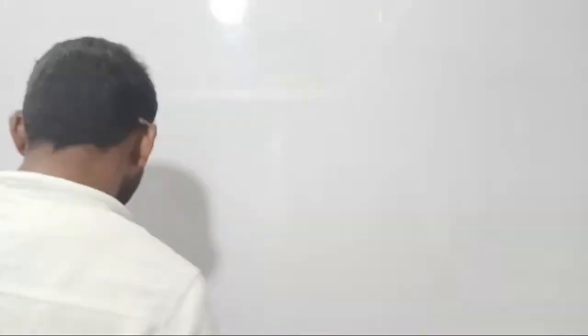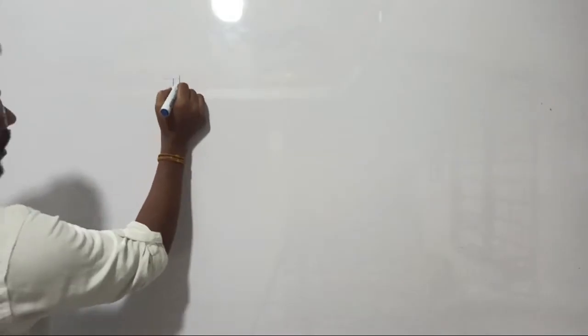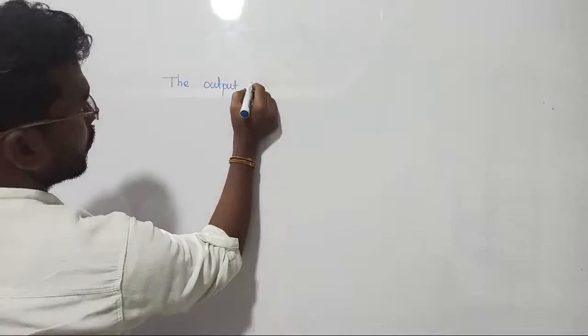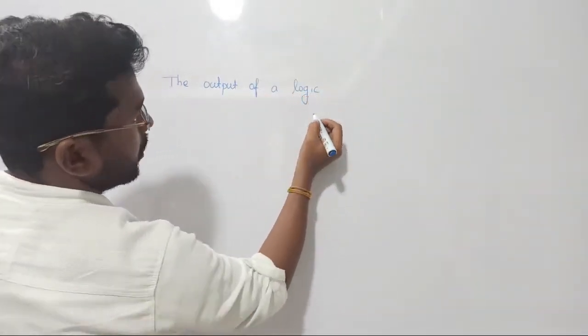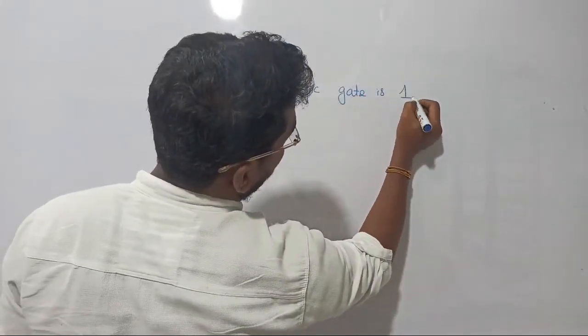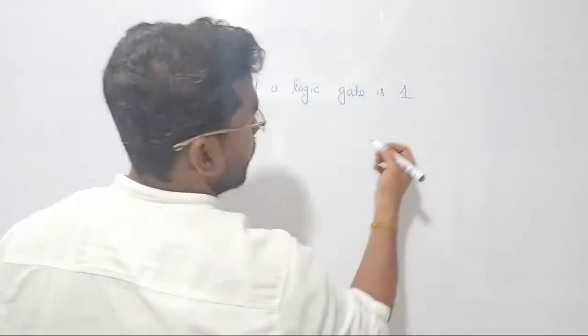Okay, let me write down the question first. The output of a logic gate is 1 when all its inputs are at logic 0.